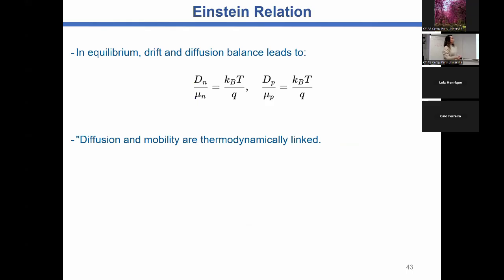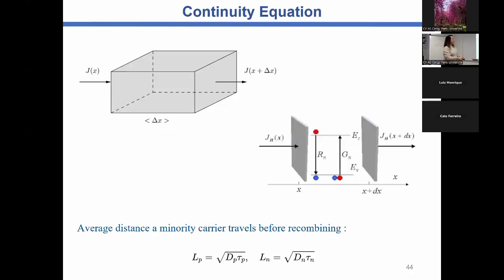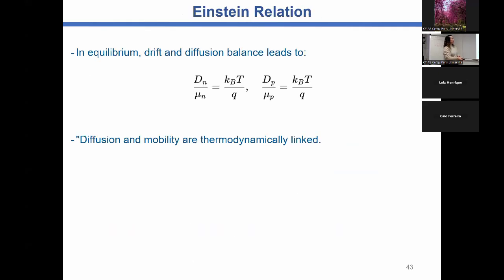We can also measure using the Debye and Einstein relationship. And the diffusion, as I said, has a relationship with Boltzmann because of the temperature. So both diffusion and mobility are thermodynamically driven inside the material.